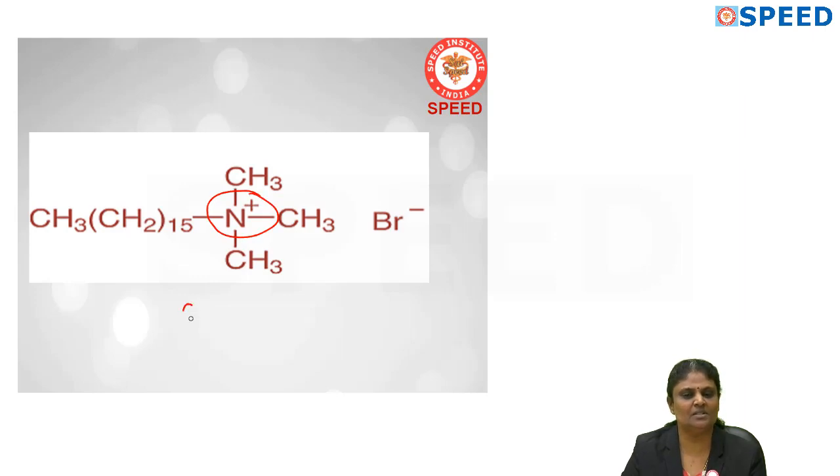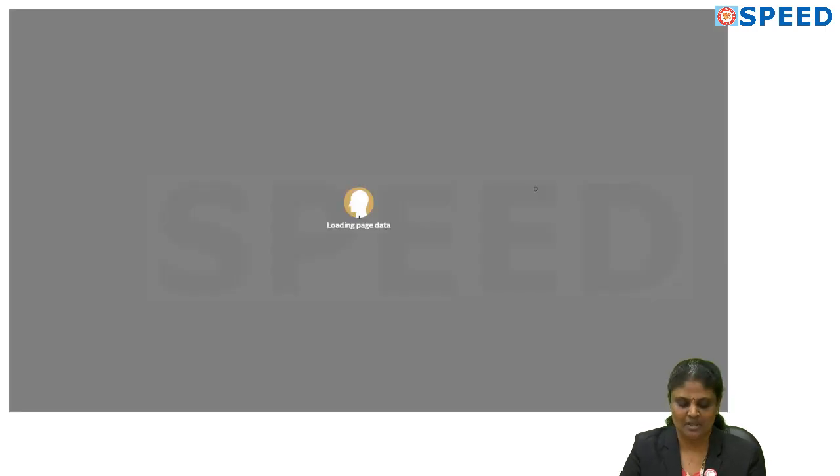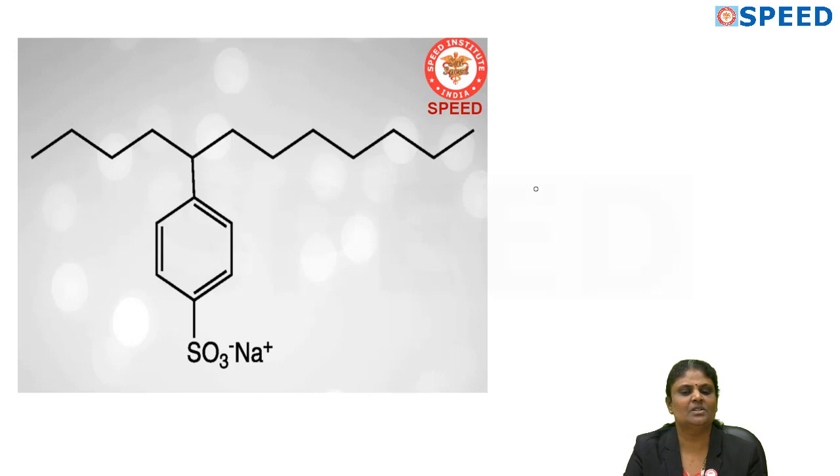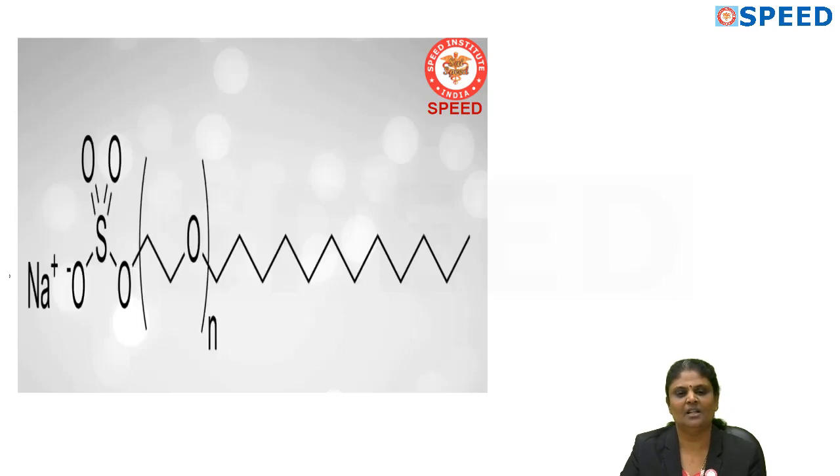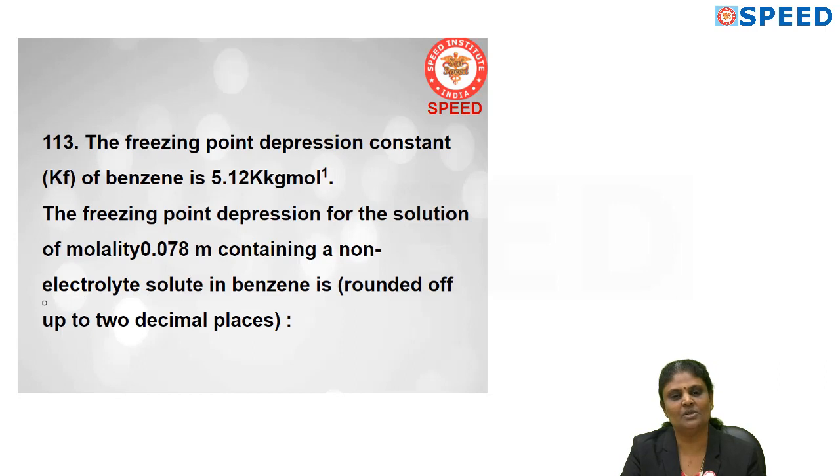Okay, so this is cationic detergent. So this is N plus is present in the chain and Br minus is in the anion. And all other examples, so this is SO3 minus Na plus, and then another one here also Na plus is present. So the second option is the correct one.